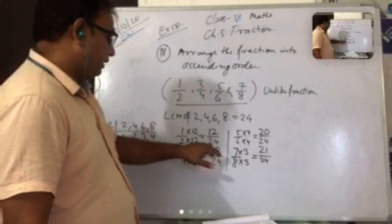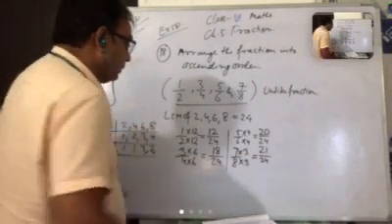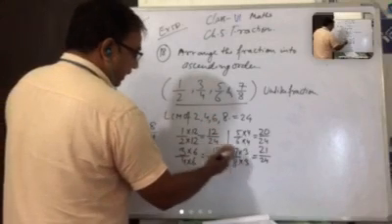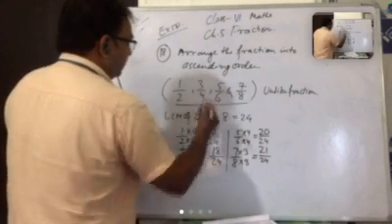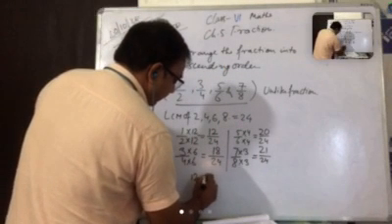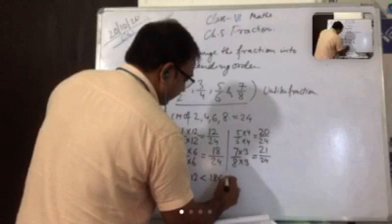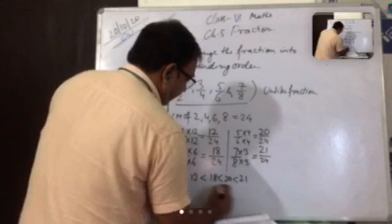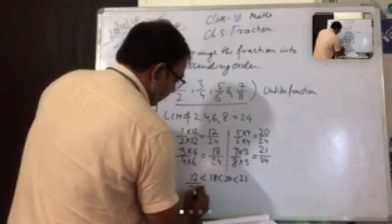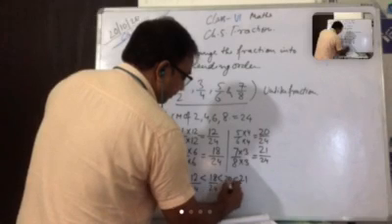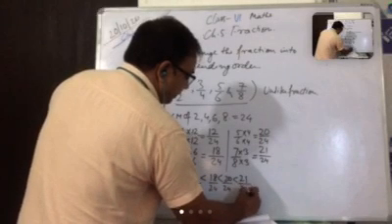Now the denominators are the same. So when we write these fractions in order, 12 is less than 18, is less than 20, is less than 21, all out of 24. Clear?